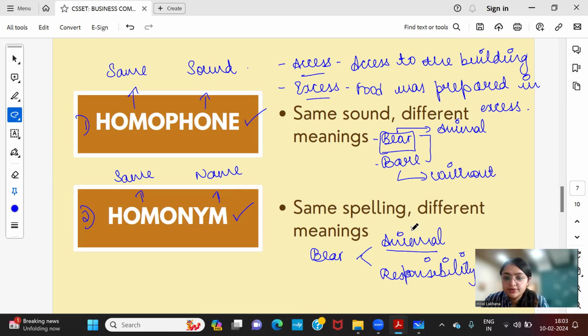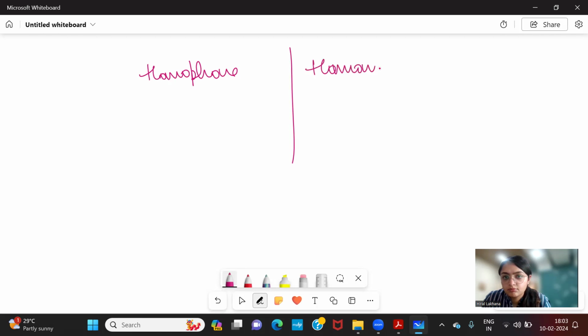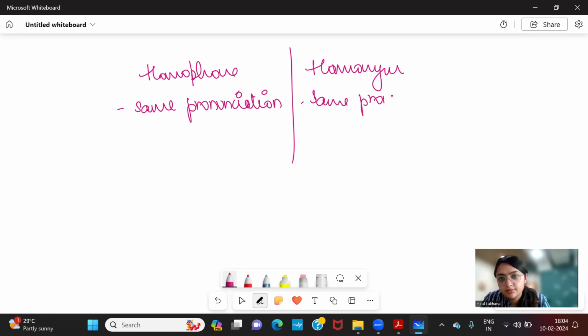So just to give a quick differentiation between the two. In homophone, it will be the same pronunciation. In homonym as well, the pronunciation is going to be the same, or it may be different depending on the context.